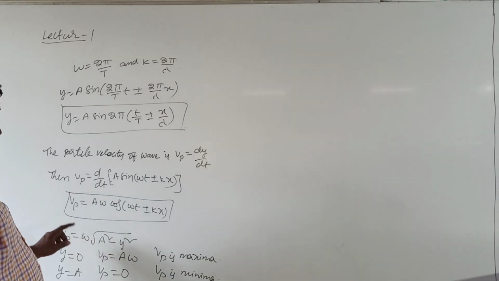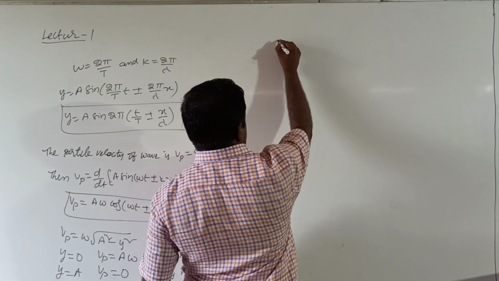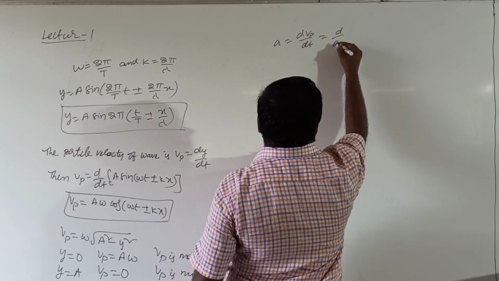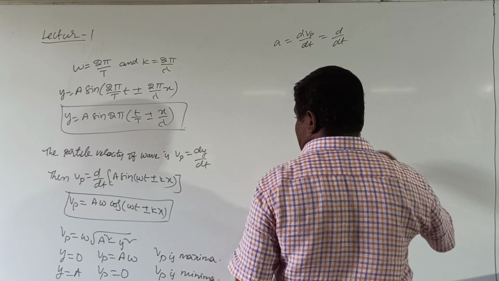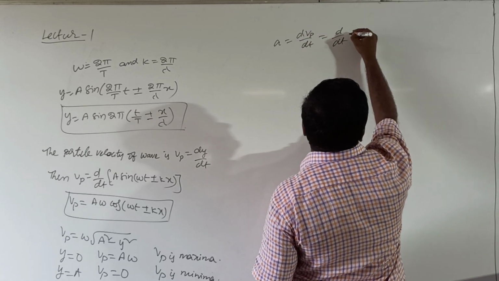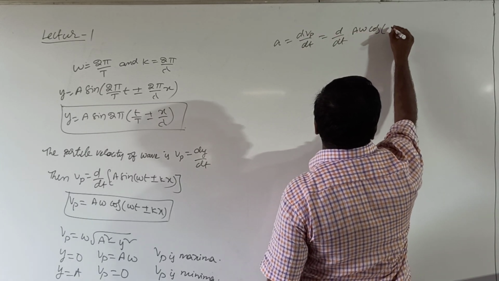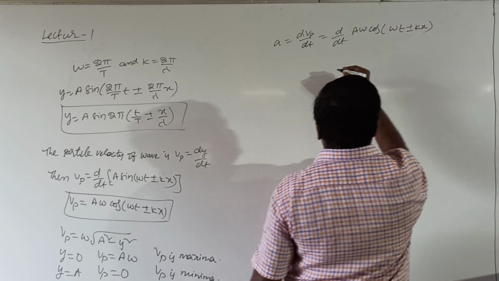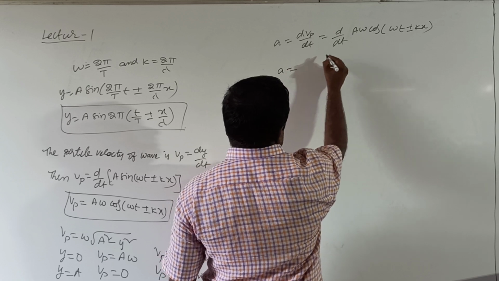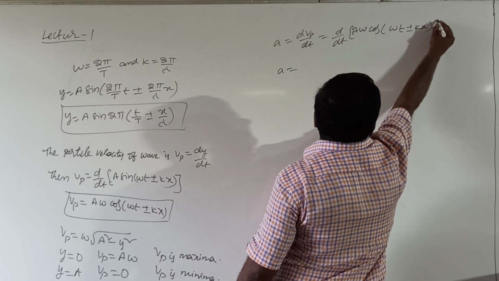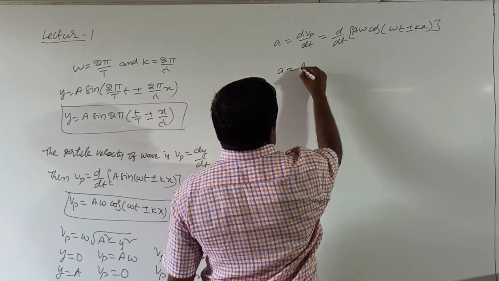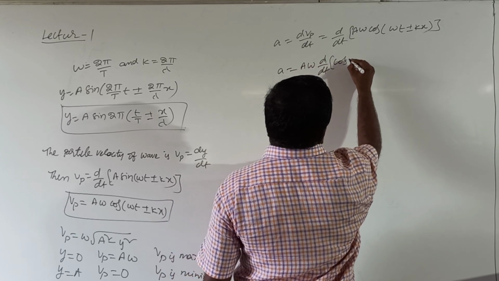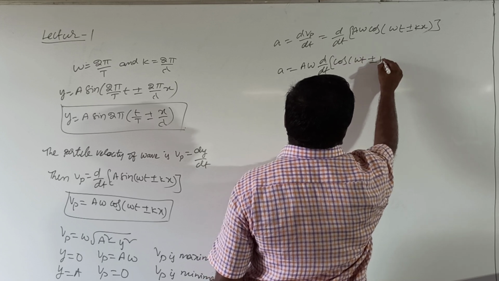Next, the acceleration of the vibrating particle, A equal to dVp by dt. Then d by dt of a omega cos(omega t plus or minus kx). Now A equal to a omega into d by dt of cos(omega t plus or minus kx).